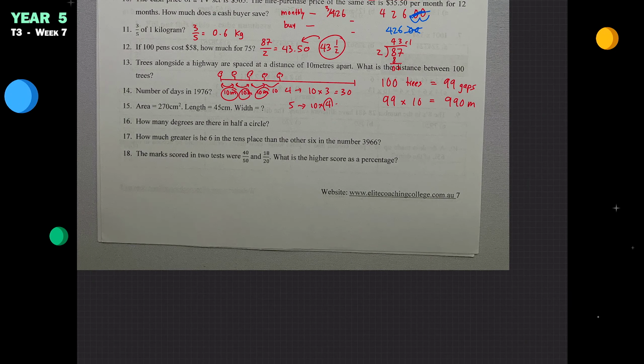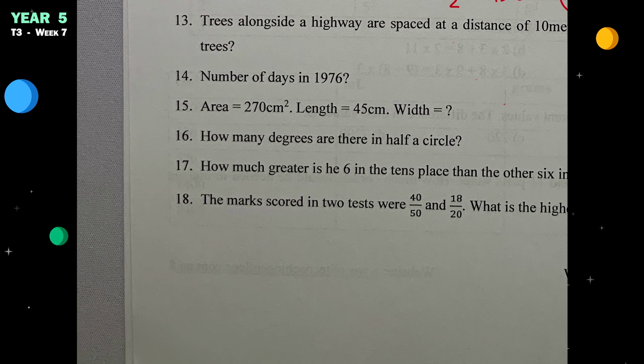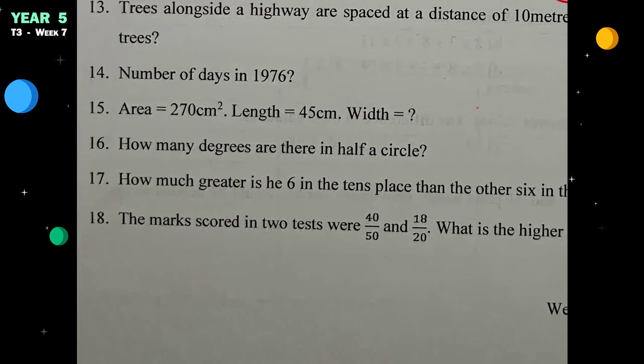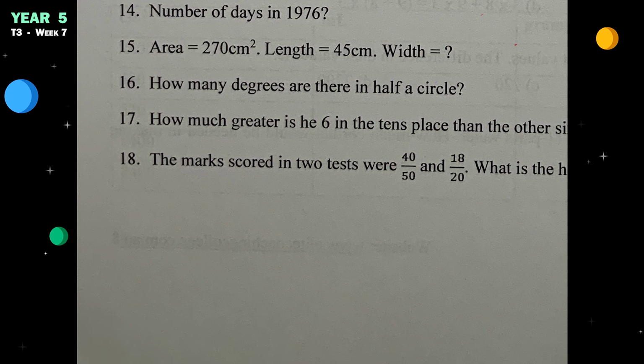Let's rub this out. Number of days in 1976. Now to find the number of days, we divide it by 4 first. The reason we divide by 4 is because we're trying to figure out whether this year is a leap year or not, because a leap year is every 4 years starting from 0.